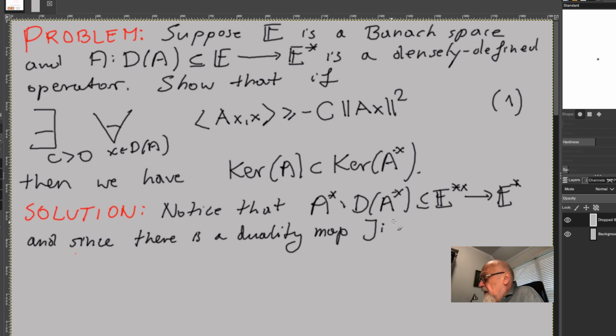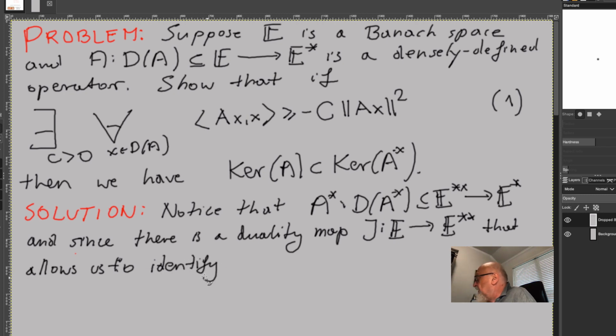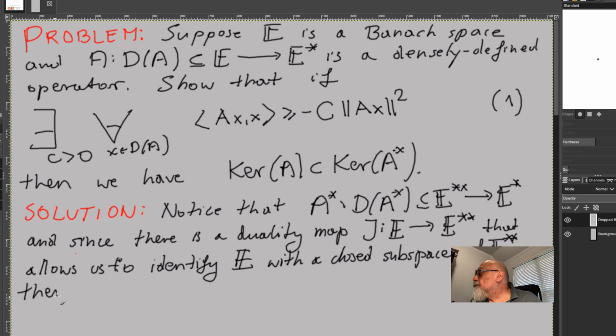And since we have the duality, there is a duality map, we call it J, that is going from E to E double star, that allows us to identify E with a closed subspace of E double star.